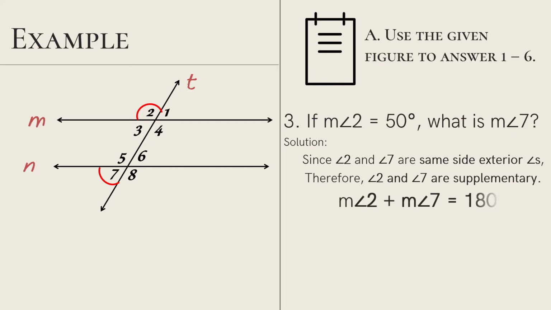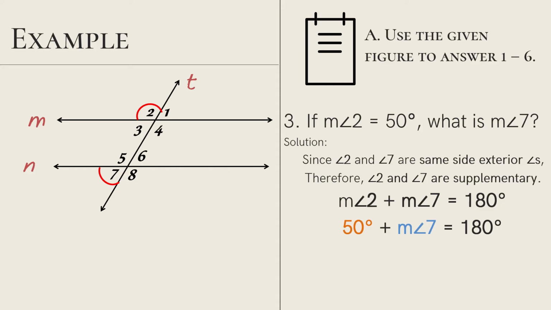So when we add the measure of angle 2 plus the measure of angle 7, just like what we did in question number 2, the result will still be 180 degrees. So given the measure of angle 2, which is 50 degrees, we just have to substitute it into our equation. We have 50 plus the measure of angle 7 equals 180 degrees.